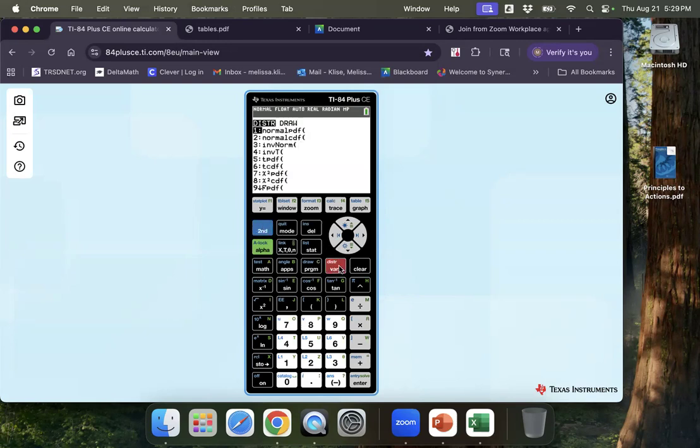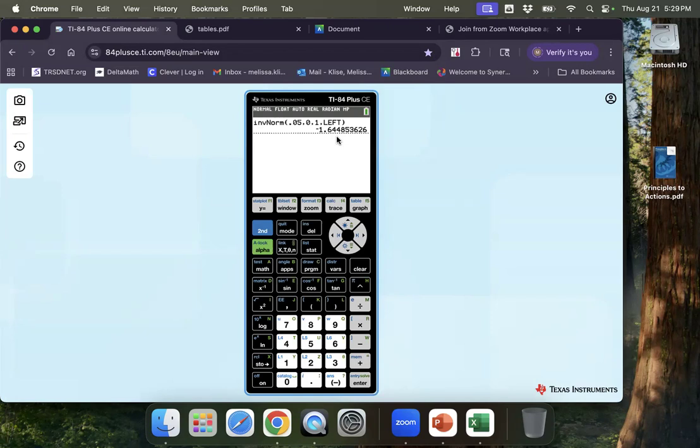So second, vars, and you go down to number 3, which is inverse norm. I put 0.05 because that's my alpha. We leave 0 and 1 because these are z-scores. Because you don't have left, right, and center, left is the automatic, which is fine. Then hit enter. This gives me, rounded, 1.645, the same value that we had.